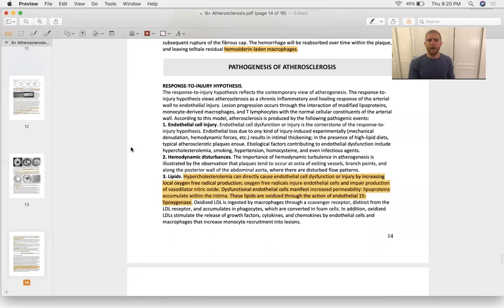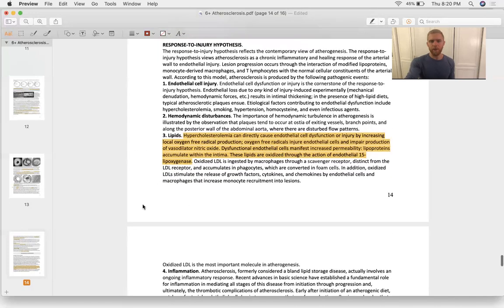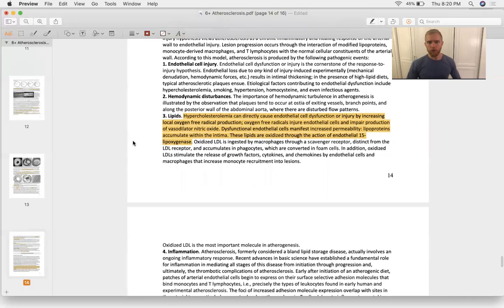So let's get into the pathogenesis of atherosclerosis. There are a couple of really good paragraphs here, but the majority of this particular section should be things that you're already familiar with, generally speaking. I do like the paragraph on lipids saying that hypercholesterolemia is directly responsible for free radical production, which is going to impair nitric oxide release, which is going to constrict that endothelium.